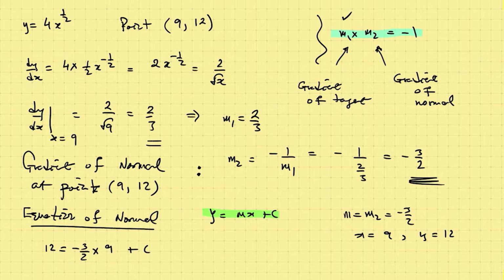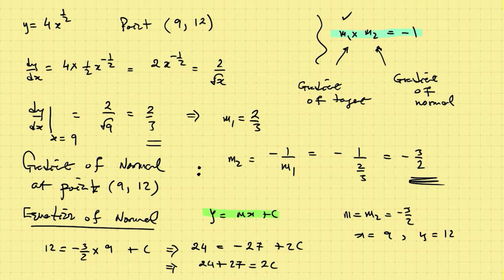Now we can start to tidy this up a little bit. I can multiply everything by 2, so I get 24 is equal to minus 3 times 9, which is minus 27, plus 2c. That gives me a description for c: 24 plus 27 is equal to 2c.